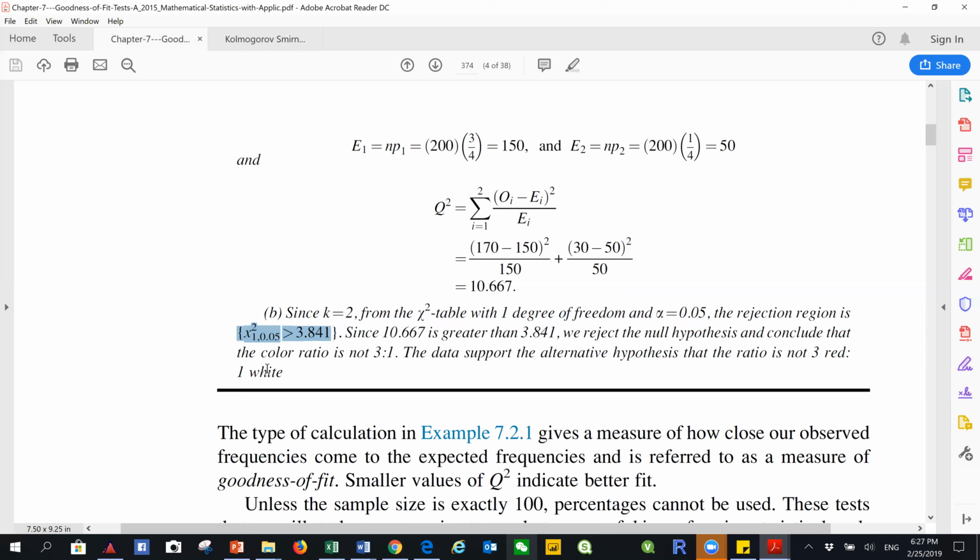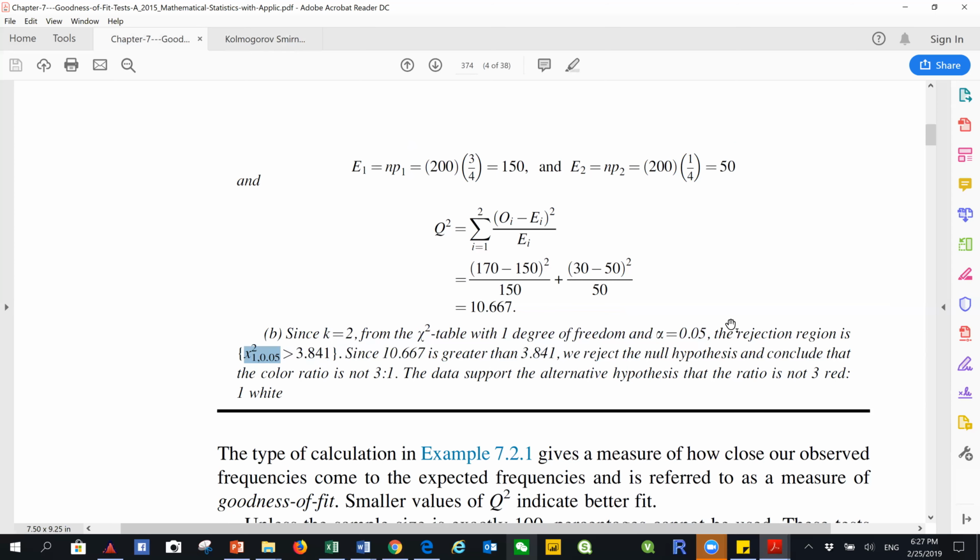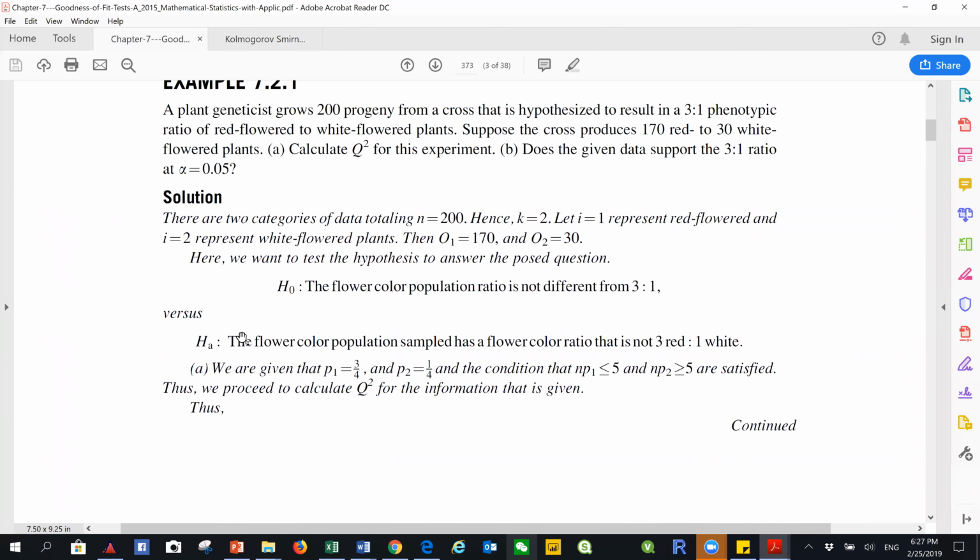Here, the 1 means degree of freedom underneath in the subscript. And 0.01 is right tail, because although this looks like a 2-tail test, right?